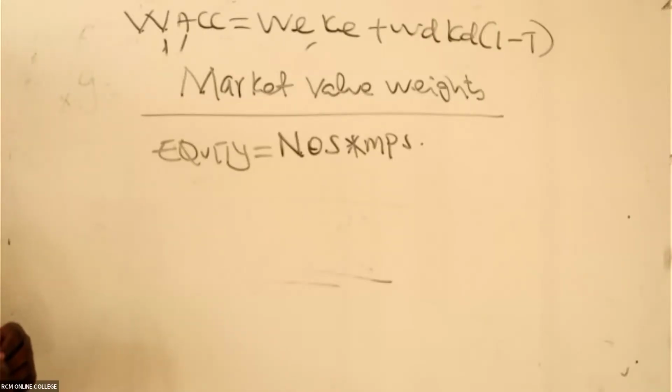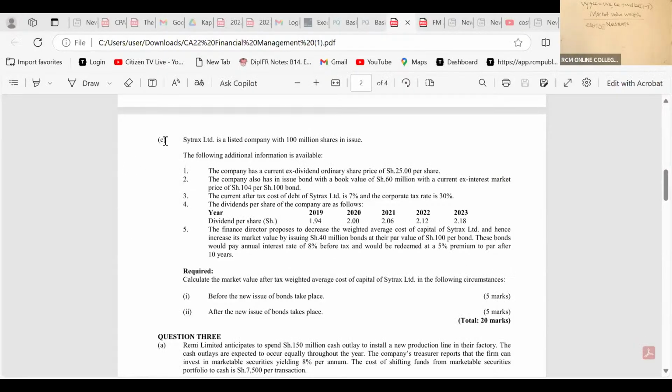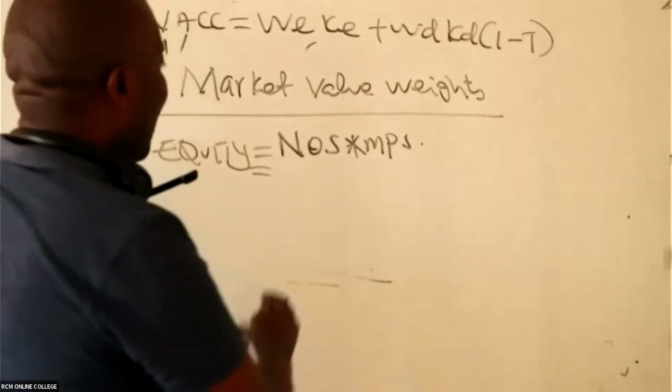You can see here the company has 100 million shares, so the number of ordinary shares is 100.